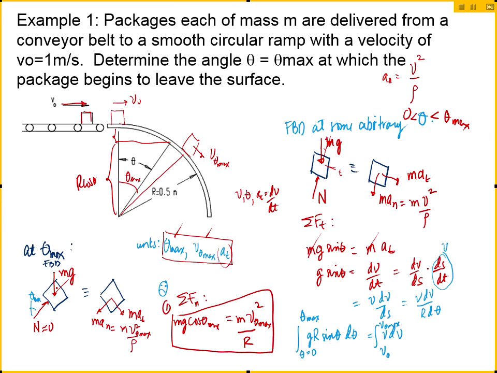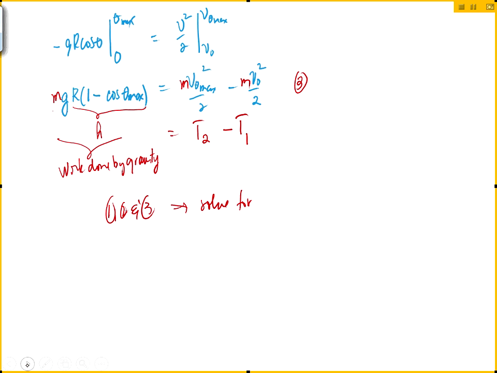Which one is theta max here? It's this one here, right? That's why it's a cosine. So that's going to be my equation 1. I'm not even going to set up equation 2 along the tangential because I'm not interested in the tangential. So I'll just solve 1 and 3 for the two unknowns, theta max and v at theta max.